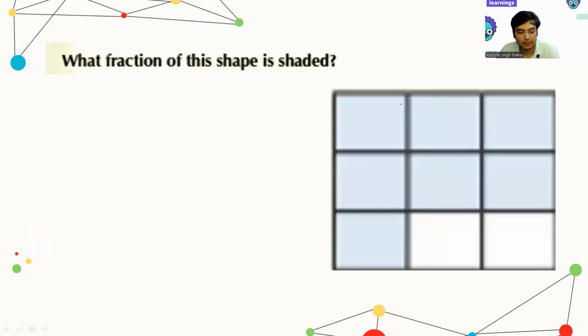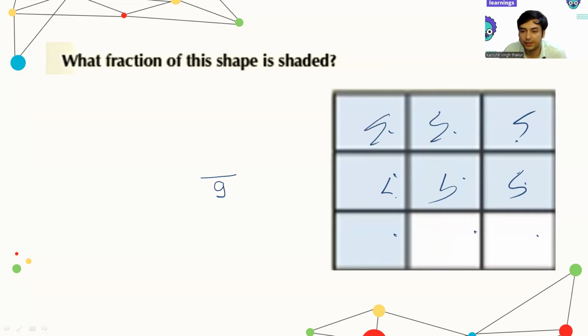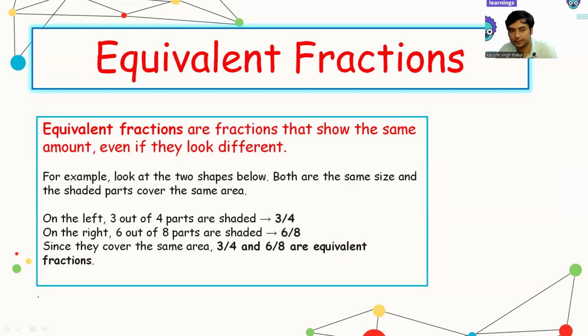Now, what fraction of this shape is shaded? In total, how many parts are there? 1, 2, 3, 4, 5, 6, 7, 8, 9 parts. So my denominator will be 9. Out of that, 1, 2, 3, 4, 5, 6 and 7 are shaded blue. So I can write this as 7 over 9.